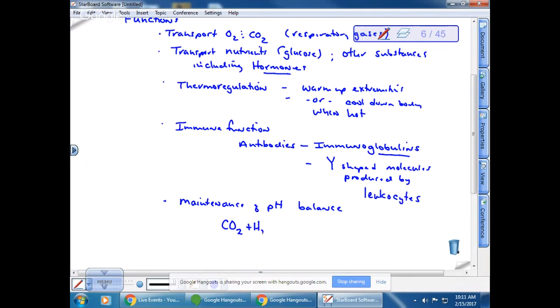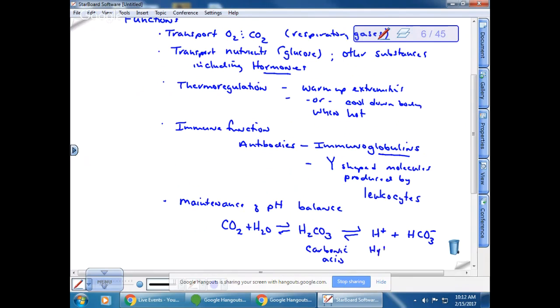It combines with water to produce a weak acid, which is carbonic acid. Okay, so this is carbonic acid. It's a weak acid, so it will dissociate, and so that's why I'm putting these double arrows here, which means that this chemical reaction can go back and forth, and it can dissociate into hydrogen ions plus carboxyl ions.